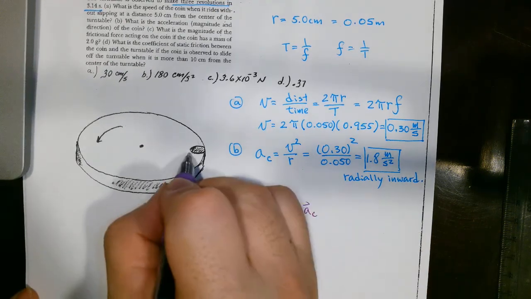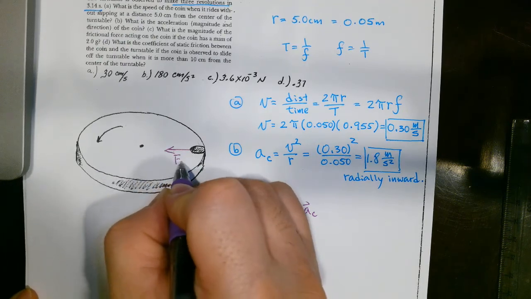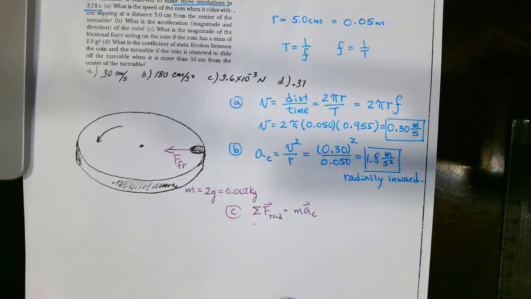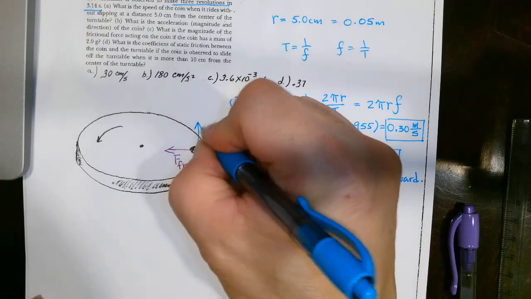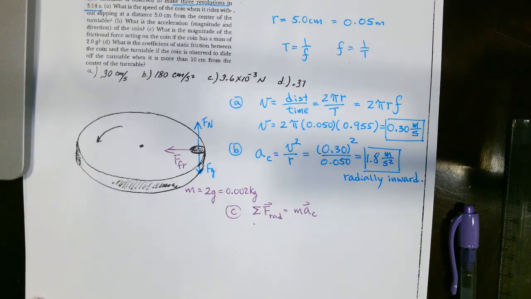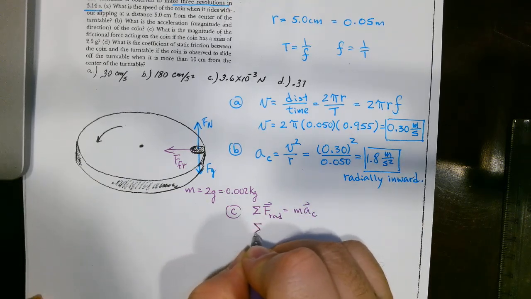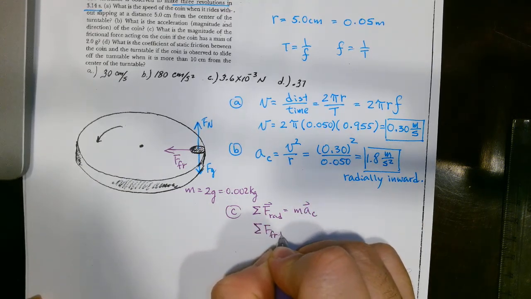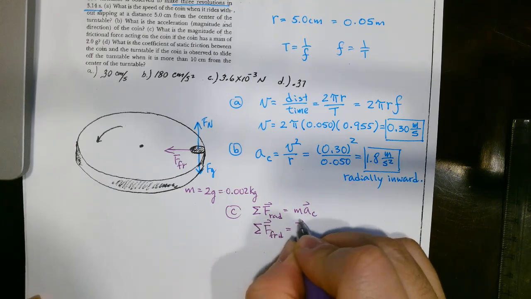And there's only one force, and that is the frictional force acting radially to make it stay in a circular path. And we know this is F normal, and this is Fg. So here, the sum of all radial forces is equal to just F friction.